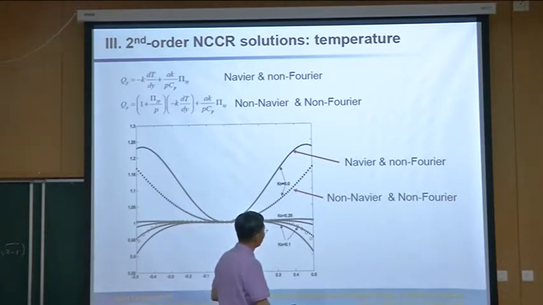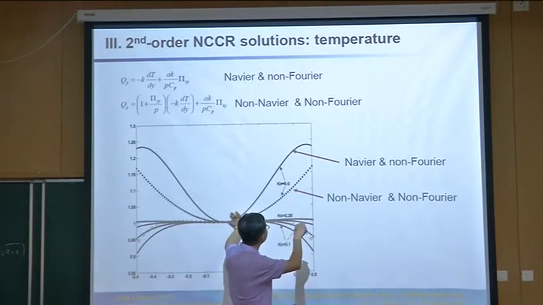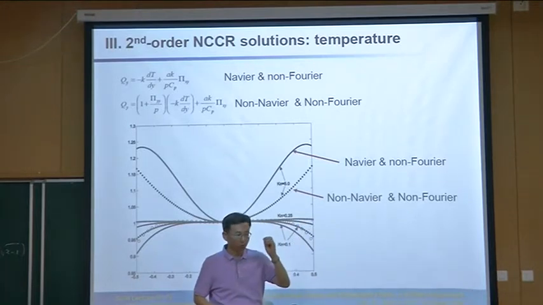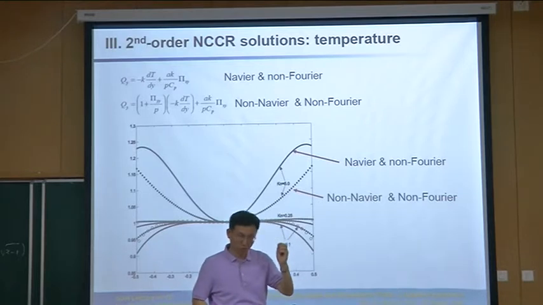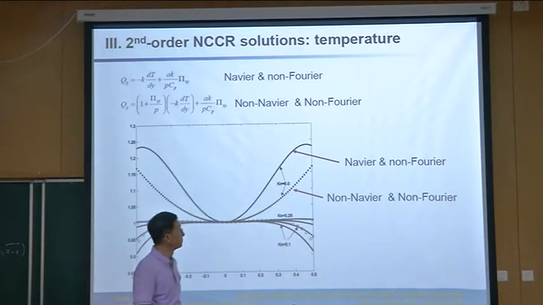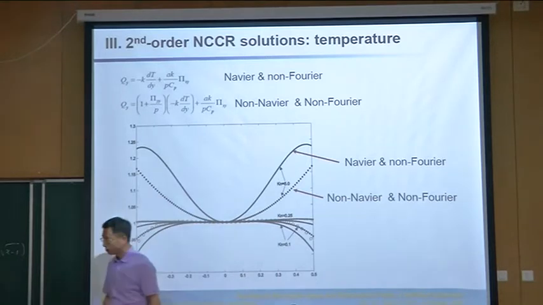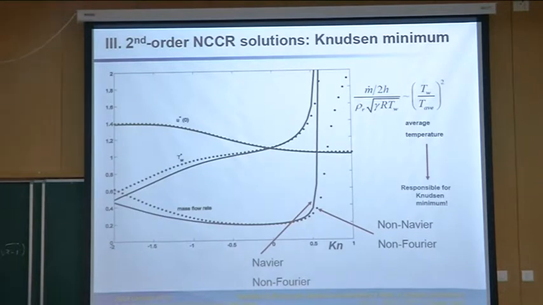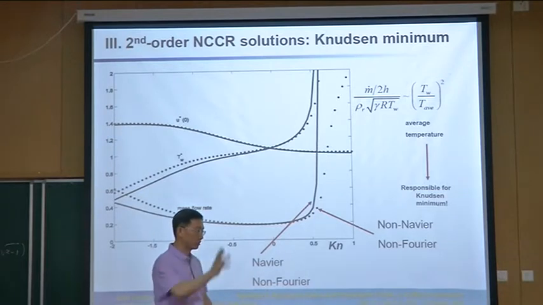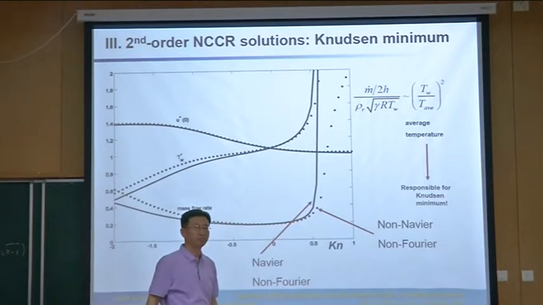So if your own model checks the temperature and it looks like this one, that means you didn't do a good job in pressure prediction. So anyway, this is proof. The ultimate source of the central temperature minimum in this particular case, and also why we have the Knudsen minimum, is that extra non-Fourier term.